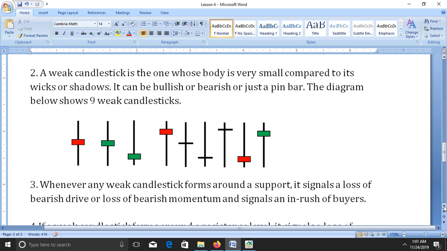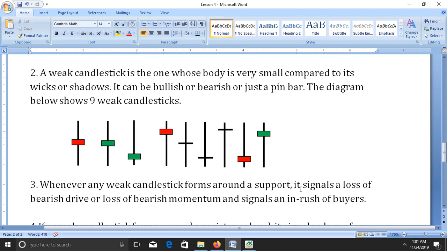What does that mean? It means if any of these weak candles forms around a support, they are definitely indicating the end of a bearish move, the end of a fall, the end of a downtrend or downswing, and now the beginning of an upswing or the beginning of a bullish rally.